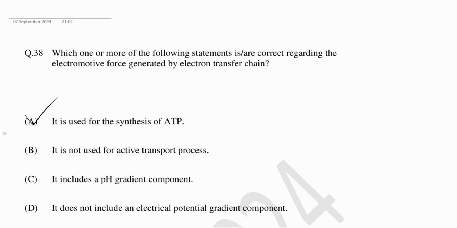It's an active transport process, and hence option B is wrong because it's pumping against the gradient, and it includes a pH gradient component. That is perfectly correct because there is H plus transport against the concentration gradient. And it does not include an electrical potential gradient component. That is wrong. So the correct answer is option A and C here.